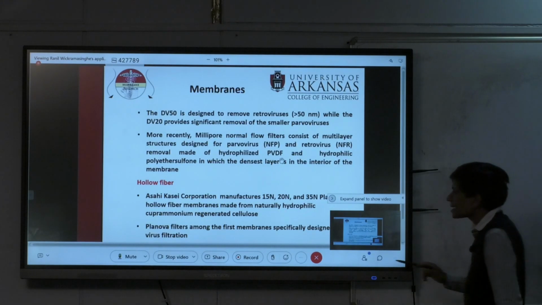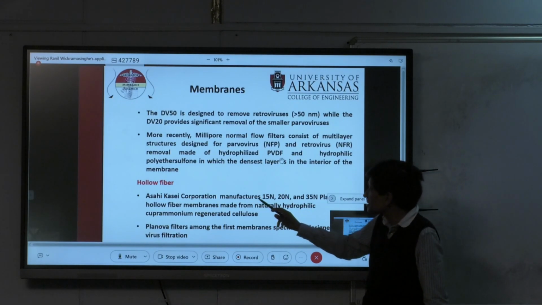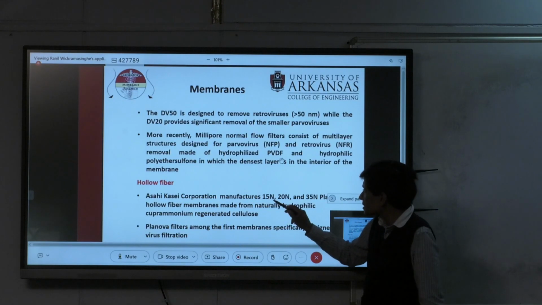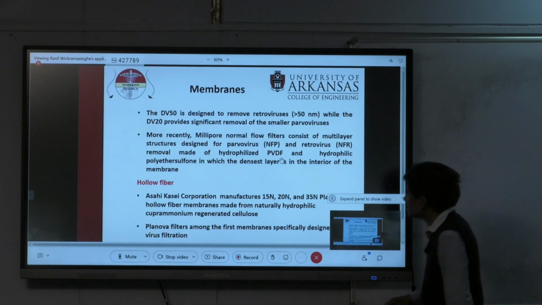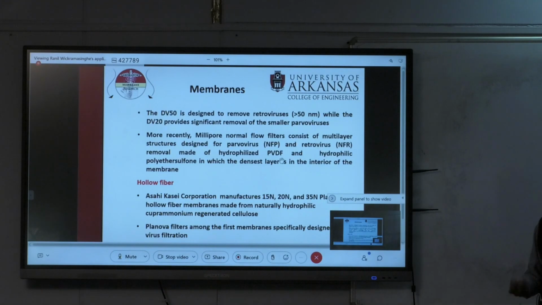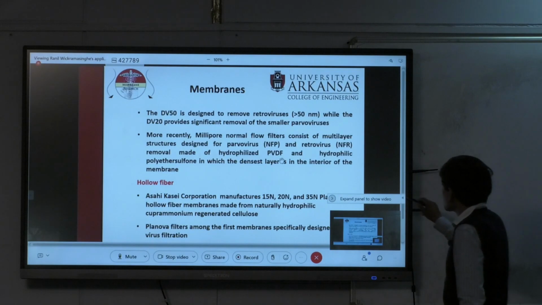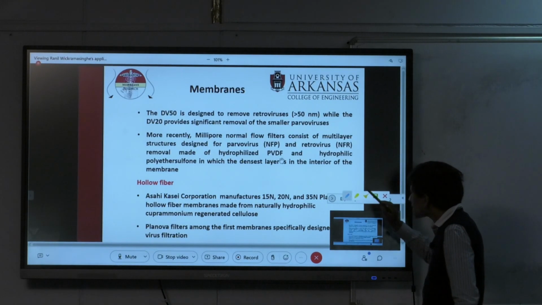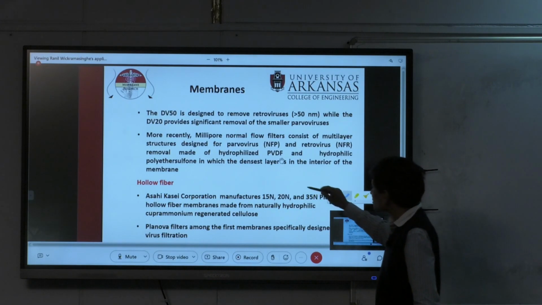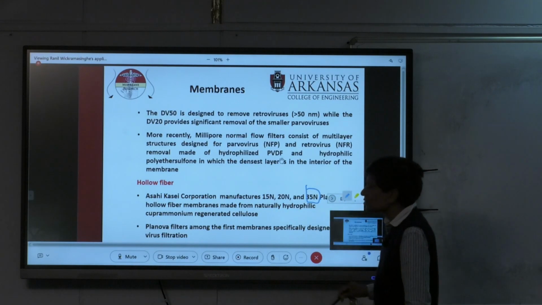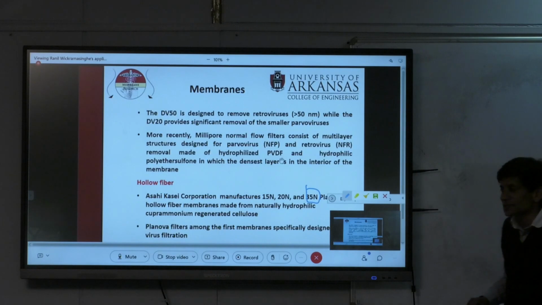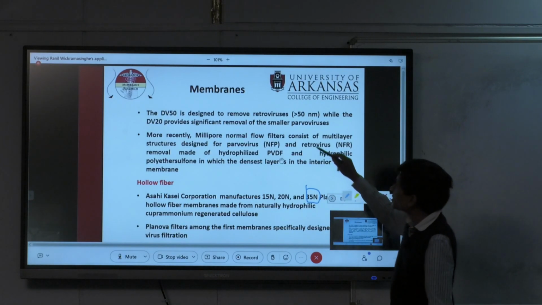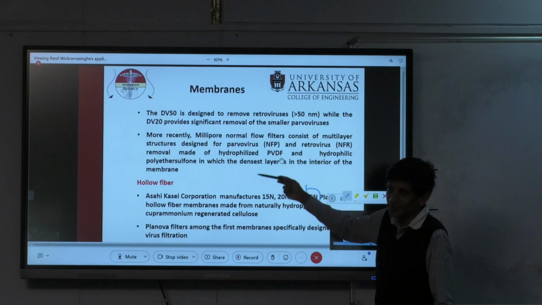The other major company is Asahi Kasei, which makes so-called Planova 15N, 20N, 35N, and now they also make something called BioEX. But these are basically as follows. So the 35N nominally, but again, this shows how different membrane manufacturers have different ways of rating these. 35N nominally means 35 nanometer pore size, but it's actually very similar to the Pall DV50, and they claim it's 50, okay?